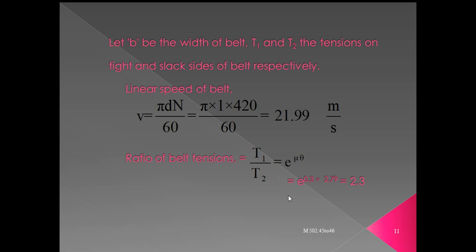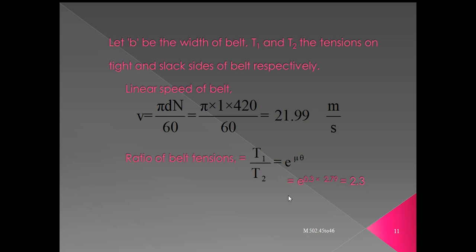So from that we'll get the area, and so the width of the belt we can find. Let B be the width of the belt, and T1 and T2 the tensions on tight and slack sides of the belt respectively.